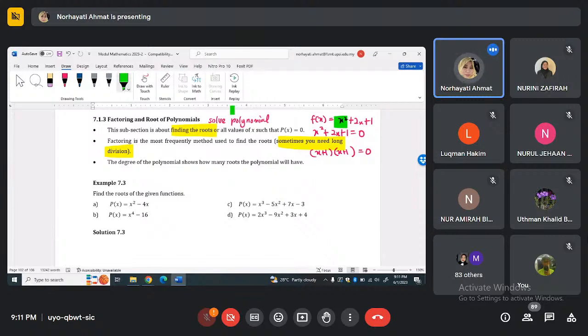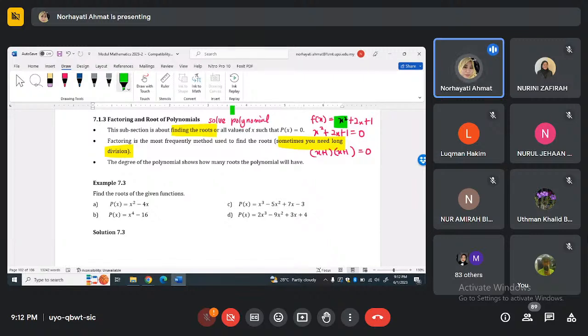Okay, not more than 2. It can be either 2, 1 or no root. Okay, ini kita dah discuss. We already discussed this in chapter 5, tak silap saya. Okay, how to solve quadratic.